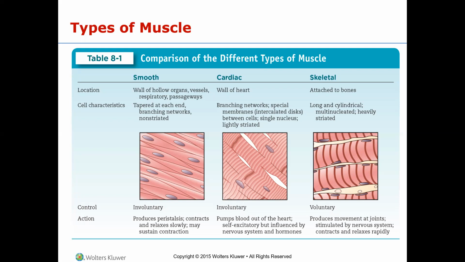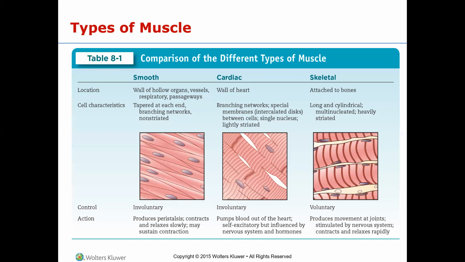It contracts and produces a wave-like motion, such as in peristalsis, which is the movement of food down through your esophagus. It is an involuntary muscle. We also have it lining some of our hollow organs, such as the uterus, and they're tapered at each end. They have a single central nucleus, and they do have striations.